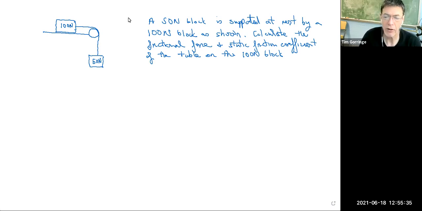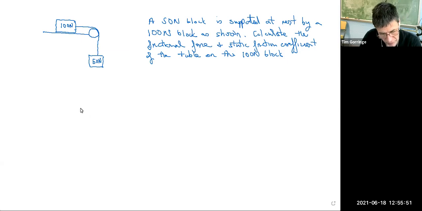There's almost no calculation in this particular problem. All there is in this particular problem is really sketching, drawing forces. And I'm going to sketch and draw the forces on these two objects.